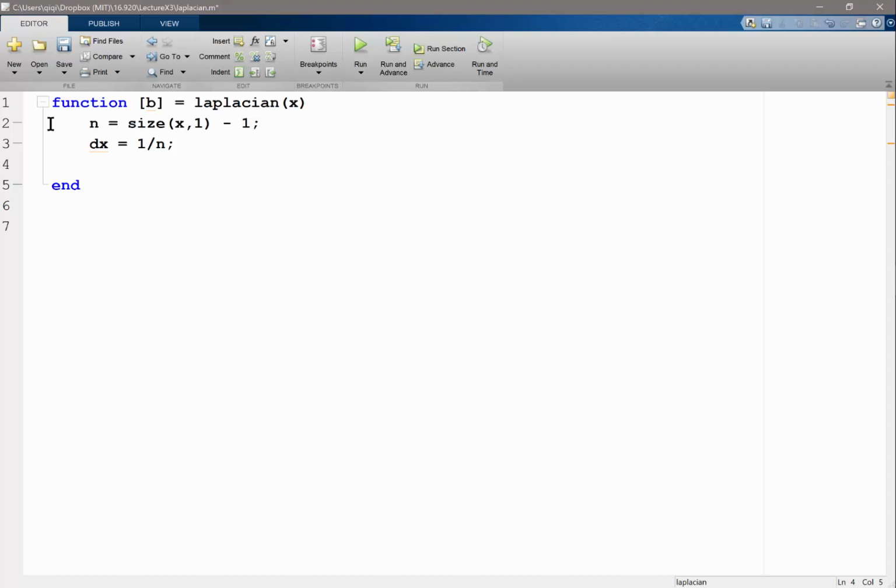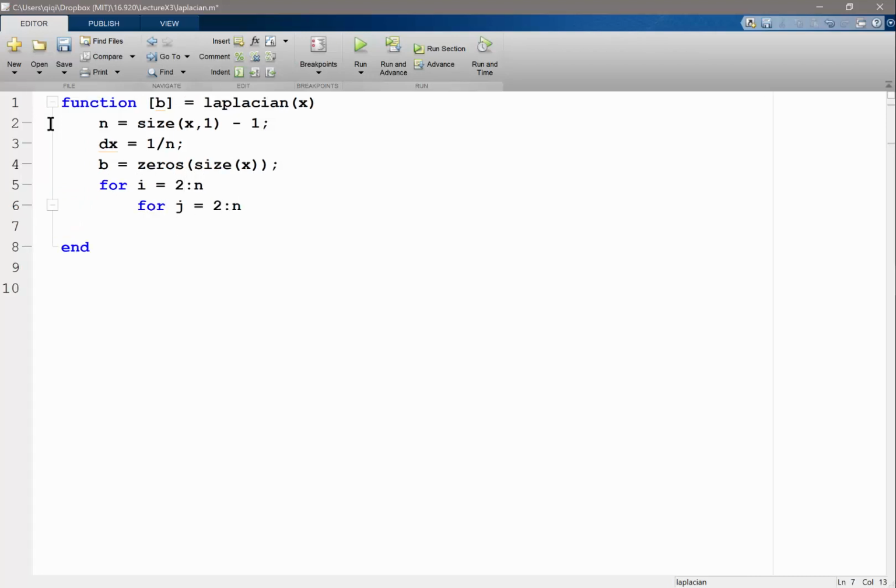So the Laplacian would be, let me say b is equal to zeros of the same size of x. And iterate i from 2 to n, j from 2 to n, because we are only iterating through the non-boundary grid points. So b of ij is going to be equal to now the Laplacian in 2 dimensions.